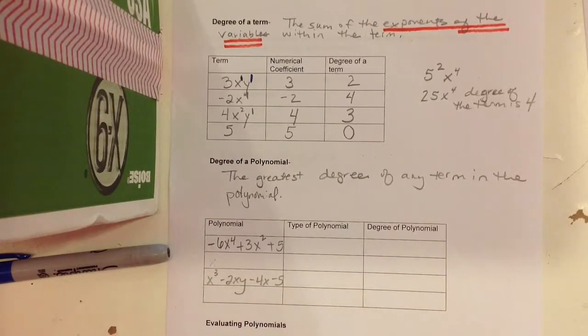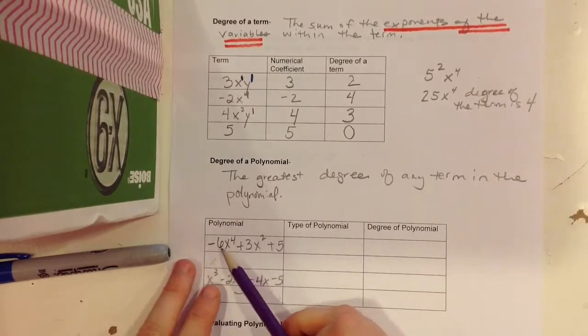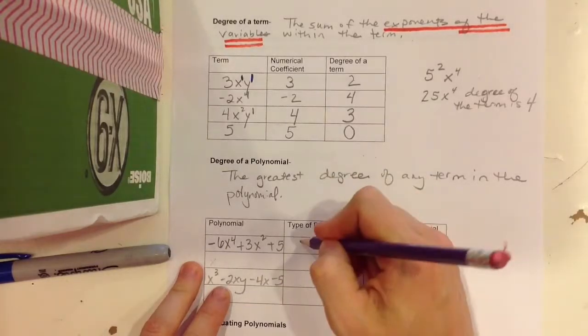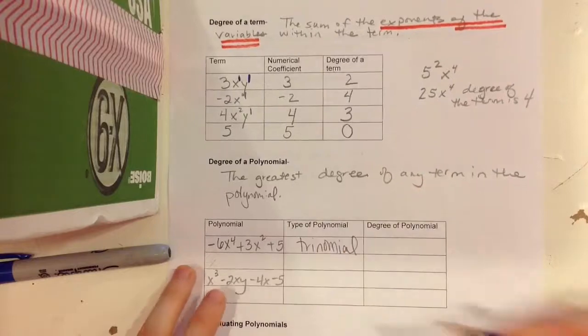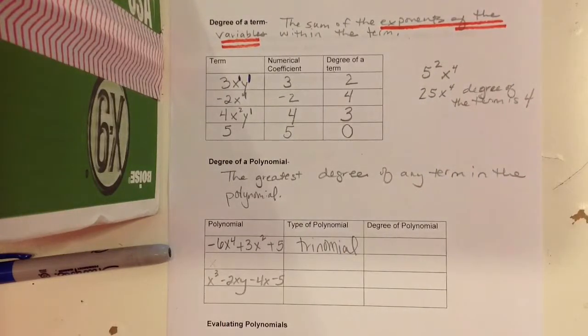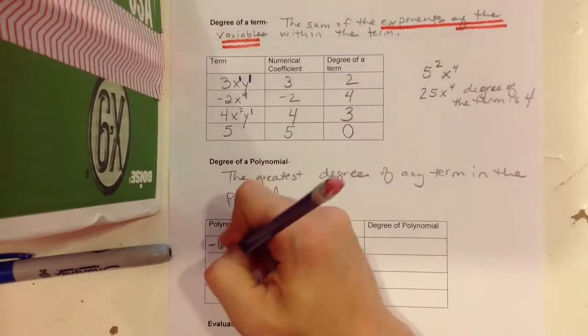And then I'm just going to get space in between. So what type of polynomial is this? I have 1, 2, 3 terms, so this is a trinomial. And remember we only discussed a monomial, a binomial, or a trinomial.